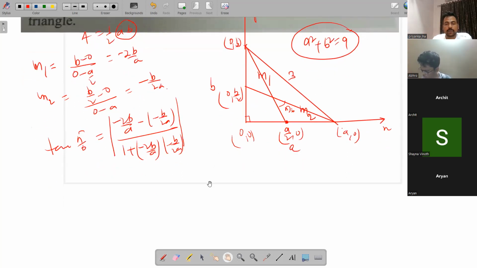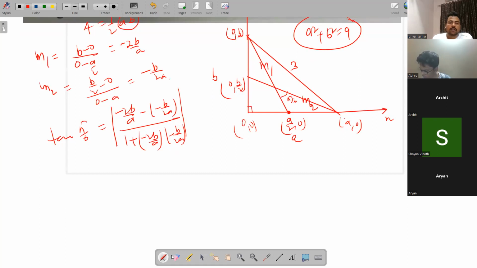I hope I am clear to everyone. See, tan 30 is how much? 1 by root 3. If you remove mod, you will get plus minus. Now see, minus minus plus, so this will be B by 2A minus 2B by A upon 1, minus minus plus, so upon 1 plus B square by A square.